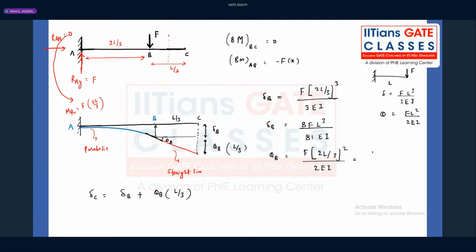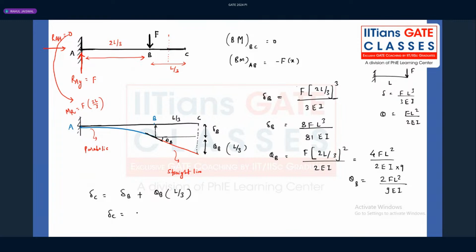So what can you write here, guys? 4FL square over 2EI into 9, so 2FL square over 9EI. That is what we have for theta B.